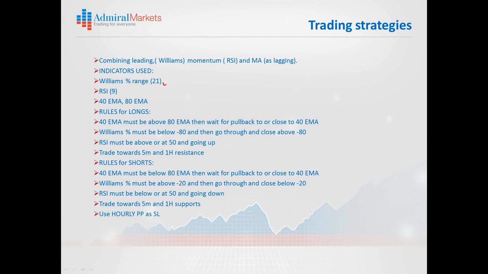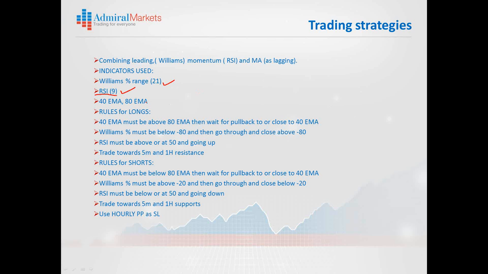So we use these indicators. Williams percent range set at 21. We use RSI 9. Now we use RSI as a momentum indicator. As I told you, RSI can also be a leading indicator, and it can be used as a momentum indicator.